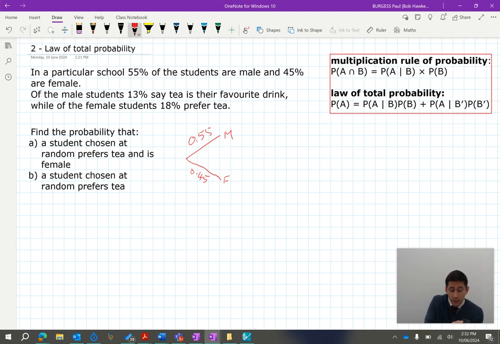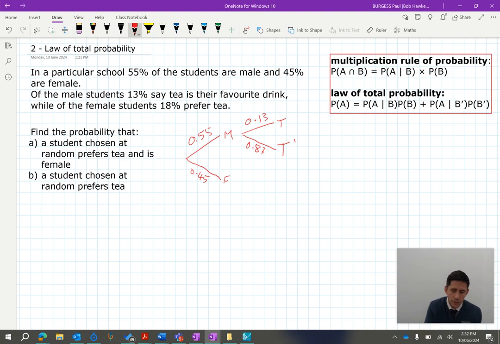Depending on whether they're male or female affects how likely they are to like tea as their favourite drink. Of the males, the people that prefer tea are 13%, so that's 0.13, the probability of preferring tea. And if you're male, the probability you don't prefer tea is the rest, that'll be 0.87.